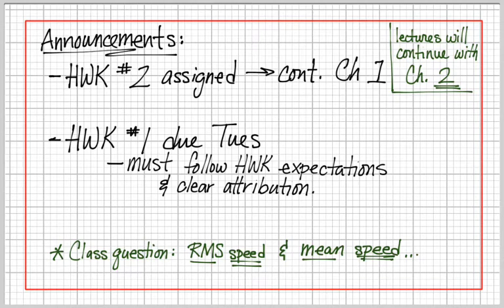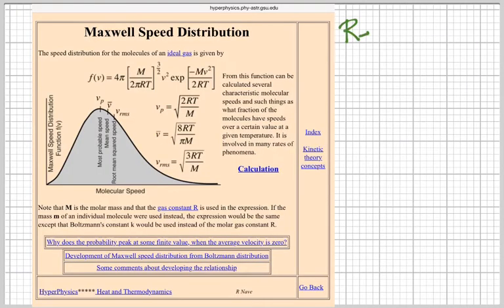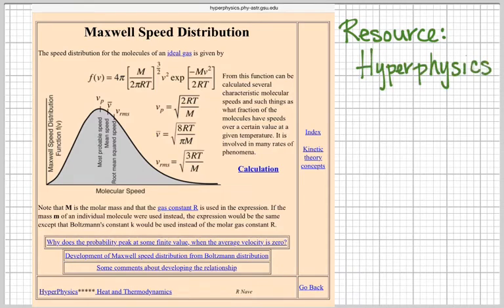Now, I'm going to move forward based on a general class question that keeps popping up, which is the root mean squared speed versus the mean speed of gas molecules that are vibrating around inside of a system. So what I've done is I've gone back to a website, a resource that I think you should look into and take advantage of over your college career and afterwards.